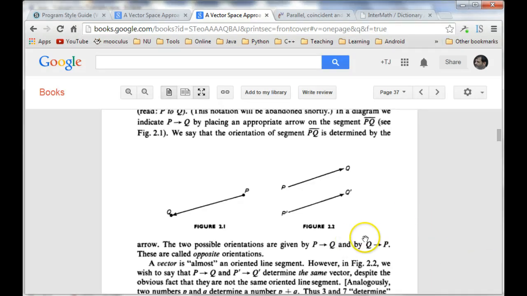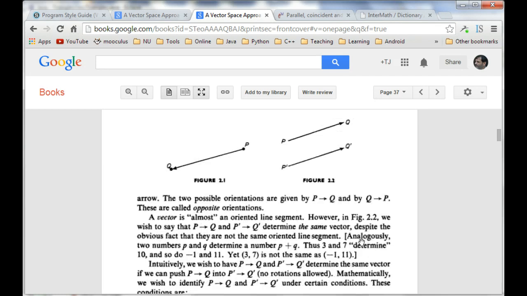we say that two directed line segments that have the same length and direction are considered to be the absolutely same vector. The way he explains this is you could think of P and Q as two components of a sum, right?